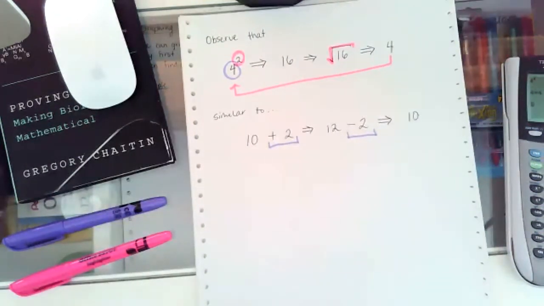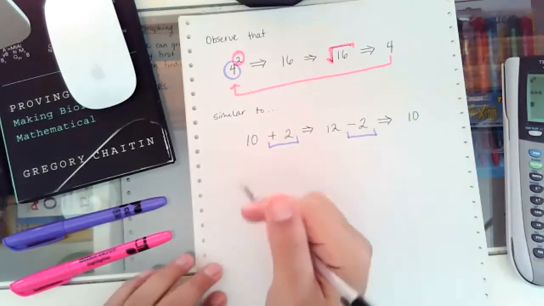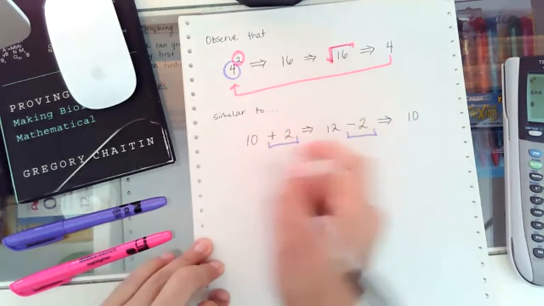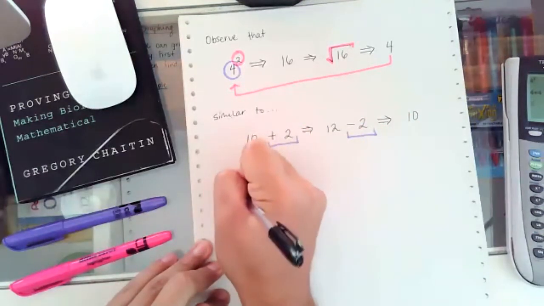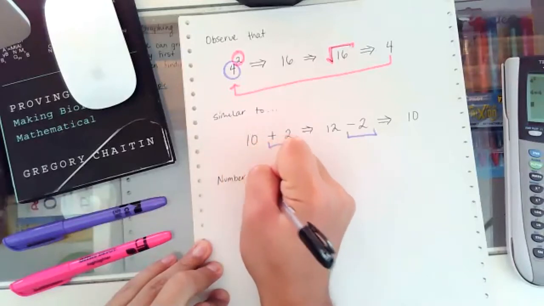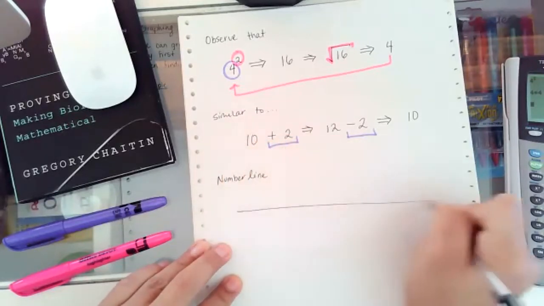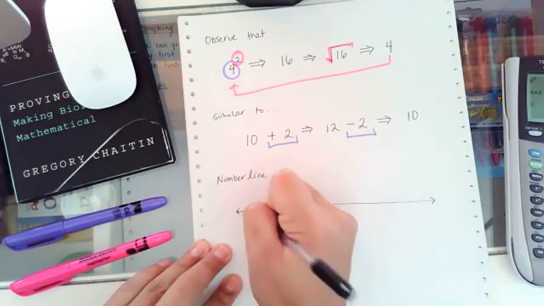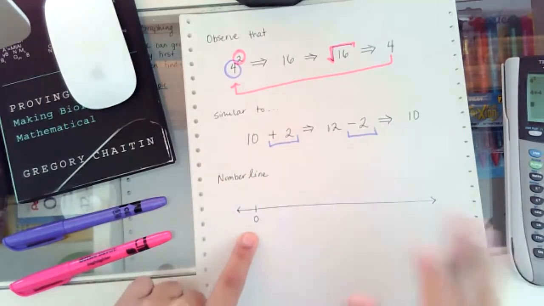Okay, but I've been using really simple examples up to this point. These are all nice whole numbers, and I could plot them on the number line if I wanted to. Like I could say this is, let me start at 0, and we'll just stick with the positives.